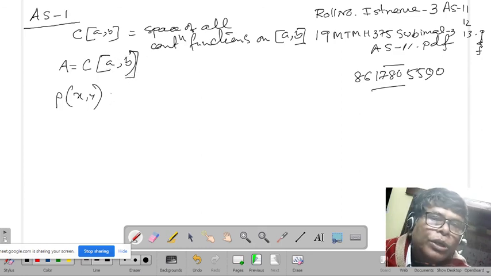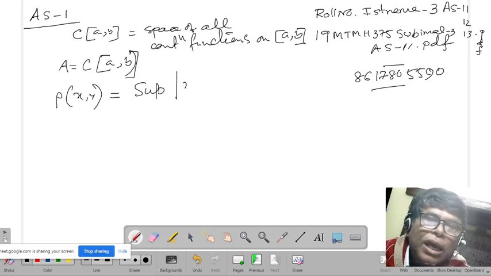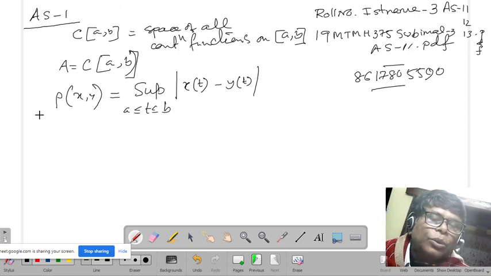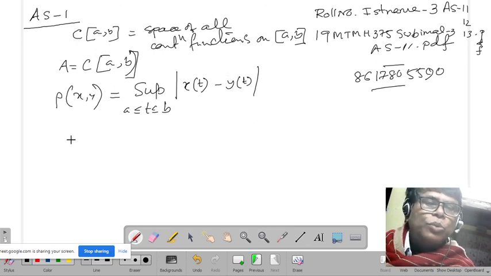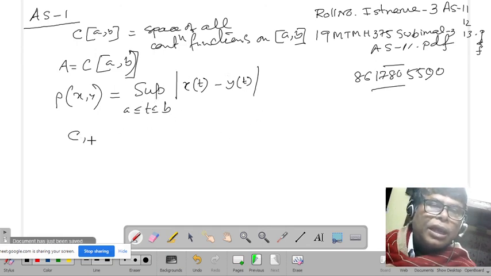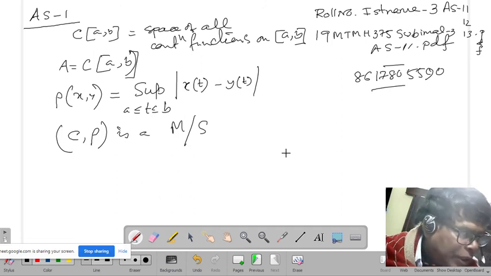Rho(x,y) is equal to the maximum or supremum of modulus of x(t) minus y(t), for t lying between A and B. With this metric you have to prove that C[A,B] with rho is a metric space.